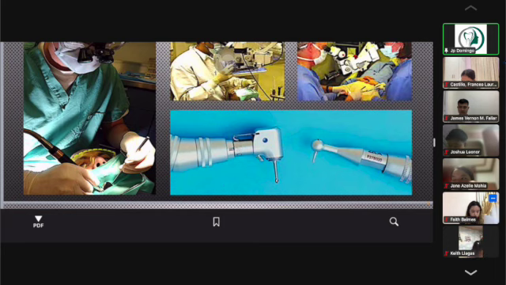So the air doesn't come out of the head. Instead, it goes at the back where the vents are. So it will only be the water that comes out from the head of the handpiece.